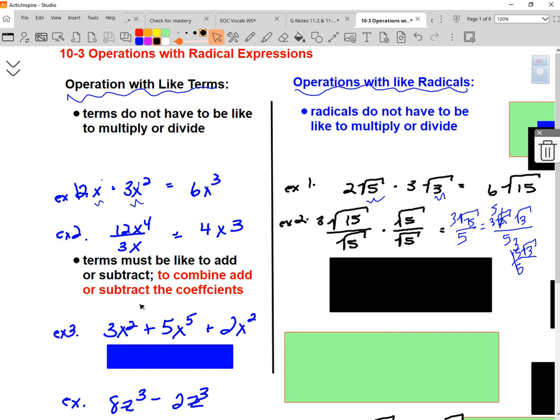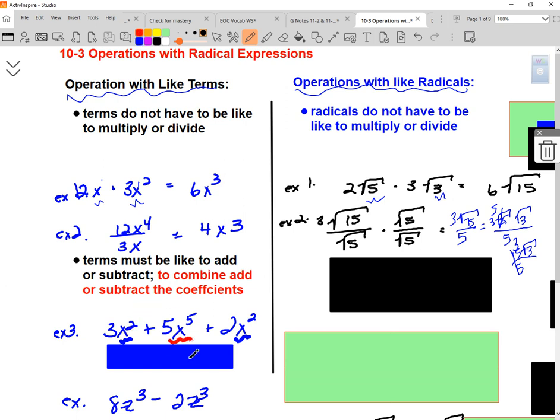Example 3: 3x squared plus 5x to the 5th plus 2x squared. We can only add terms that are like terms, and that means same variable with the same exponent, right? So here, x squared and x squared can be combined because they have the same variable and the same exponent.